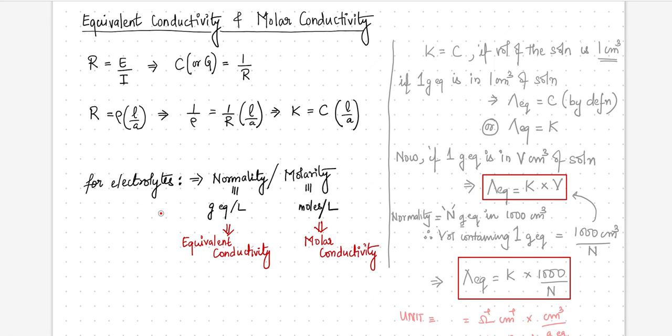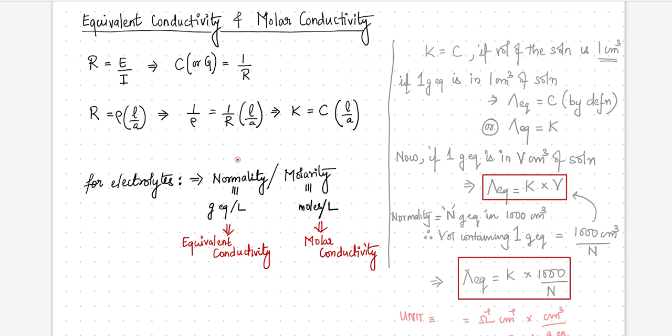Okay. Now, when it comes to electrolytic conduction, when we are dealing with electrolytes in particular, it is more appropriate to talk in terms of the concentration of the solutions. Because when you compare two different electrolytic conductors, you would talk in terms of the concentration of the solution of different electrolytes.